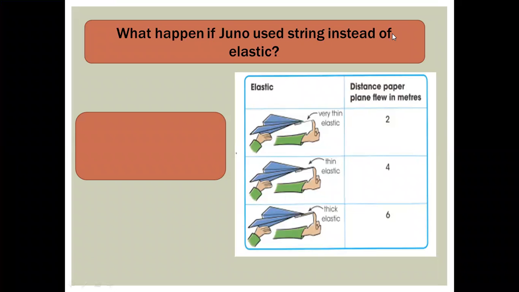Question number C is, what would happen if Juno used string instead of elastic? So what is going to happen? The plane will not fly.